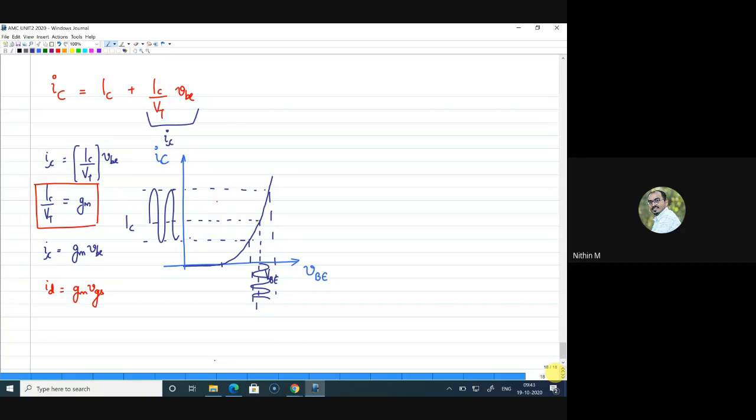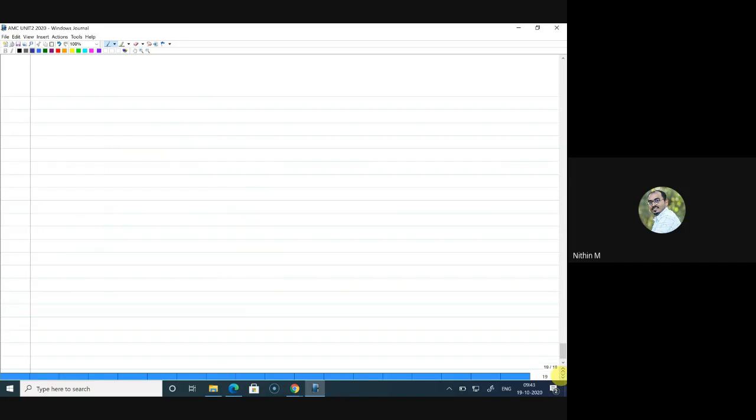All right, let me quickly finish a few more things. Let me define the other currents, the base current and the resistance seen at the base. Whatever I am doing now is very important when we draw the small signal model.